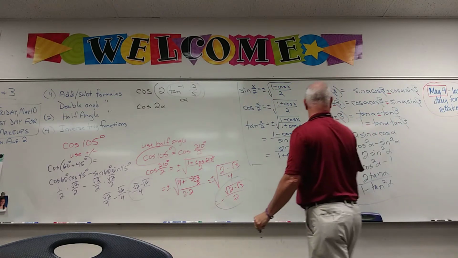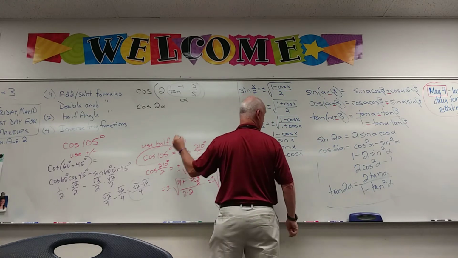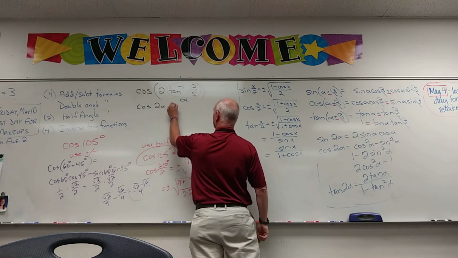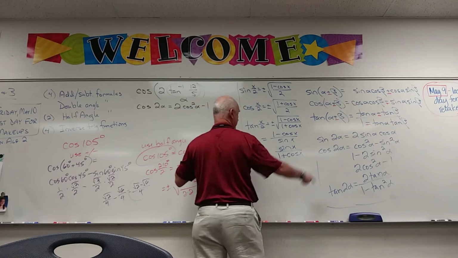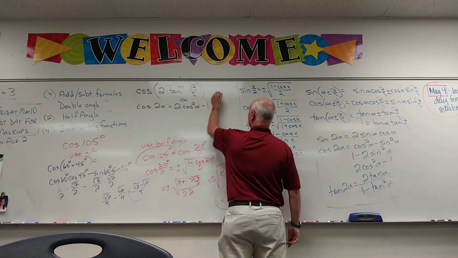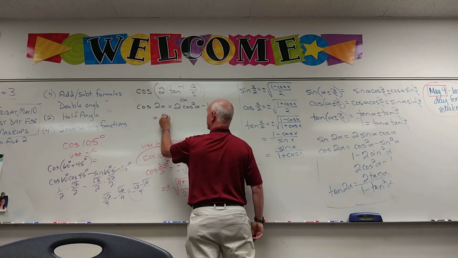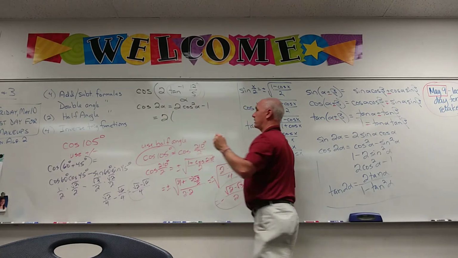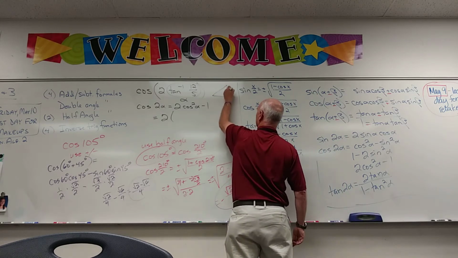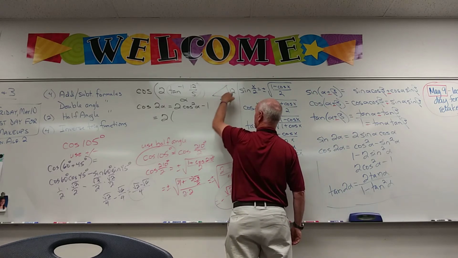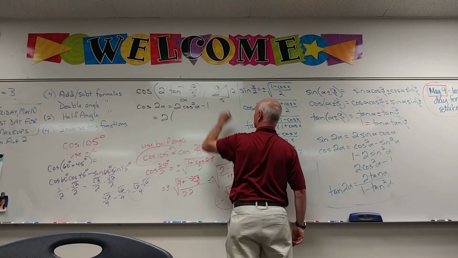Cosine of 2 alpha. Oh, we can do any of those. Why don't I do 2 cosine squared of alpha minus 1. It didn't matter which one we used, I just grabbed one. So, equals 2 times, ooh, what's the cosine of alpha? Triangle. Tangent, 12, 5, which makes that 13.